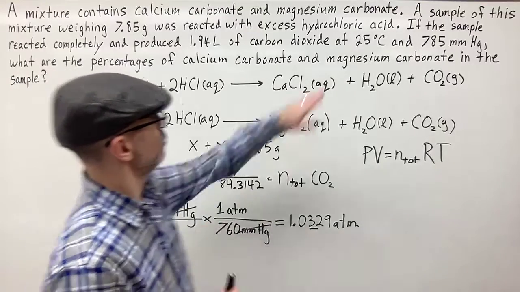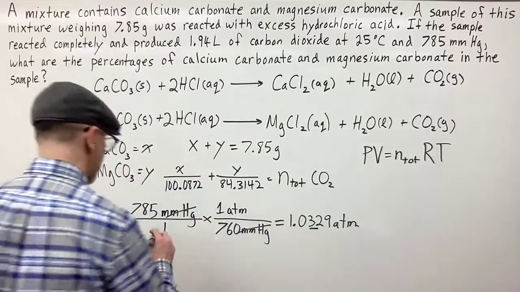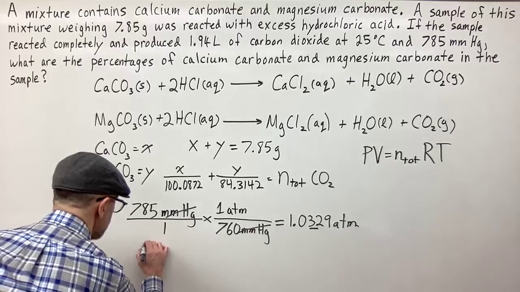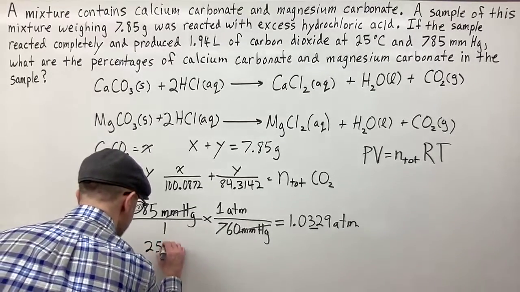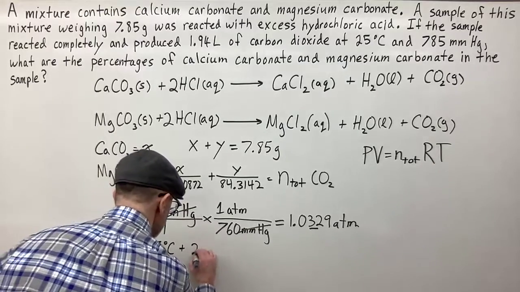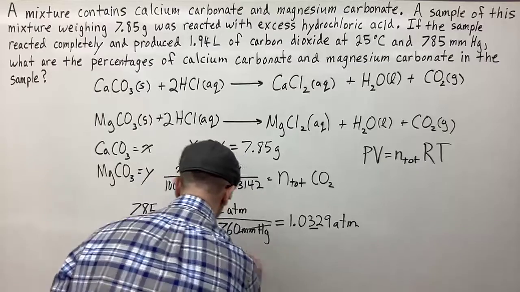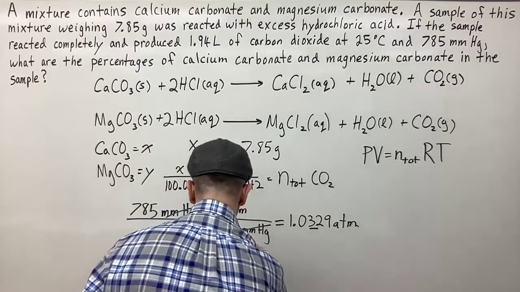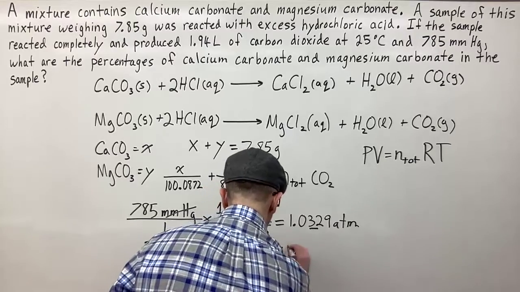And then we need to make sure that the temperature is in Kelvin. So we're going to add 273.15 to 25. So 25 degrees Celsius plus 273.15 equals 298.15 Kelvin.